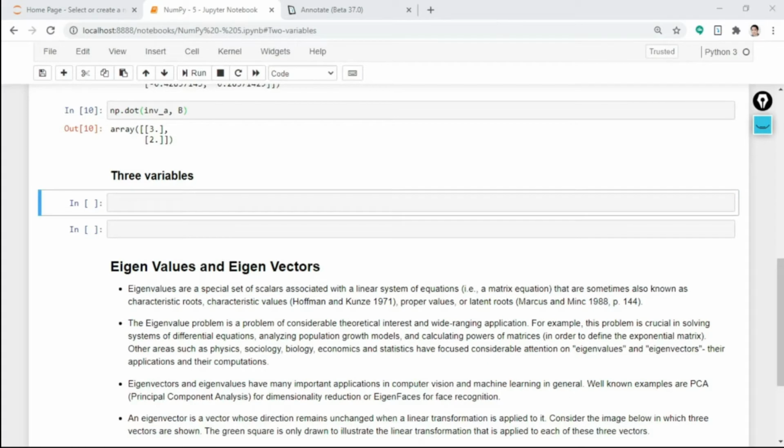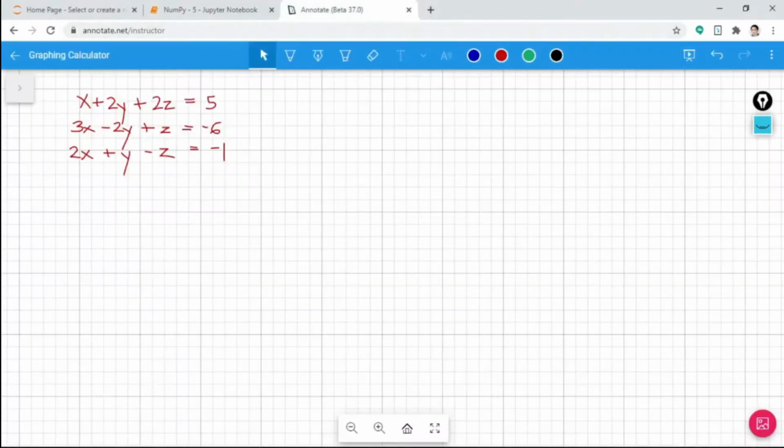So let's move on. We'll try to solve a system of linear equations with three variables. So I already have an example. So we have x plus 2y plus 2z equals 5. So 3x minus 2y plus z equals negative 6. 2x plus y minus z is equivalent to negative 1.